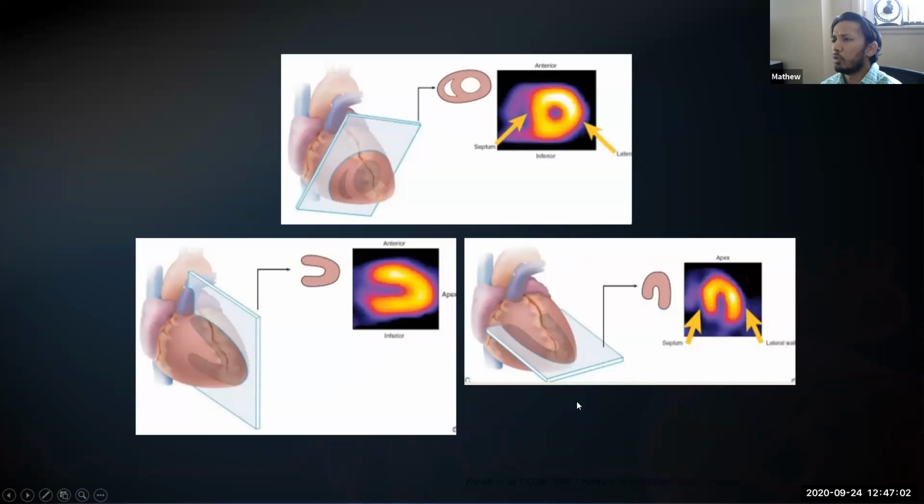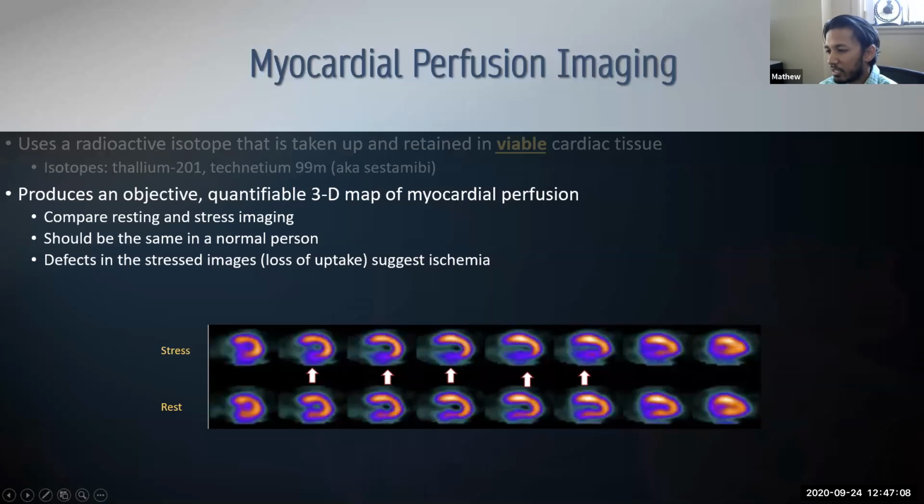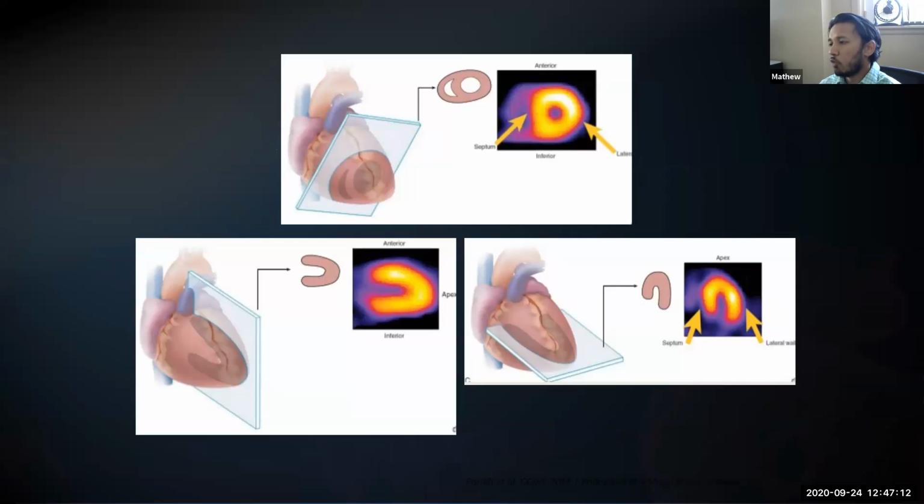This just shows you a way of looking at it anatomically, because it's not easy to look at this chart and be like, where are we in the heart, right? So we now look at this and we take a subsection, we can see how we get the donut view.